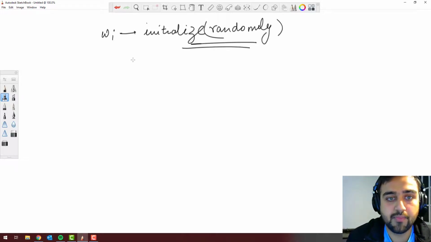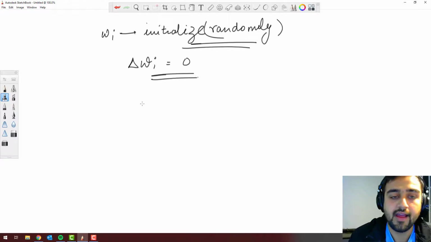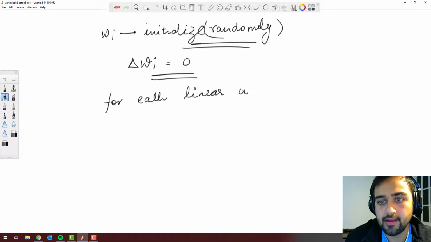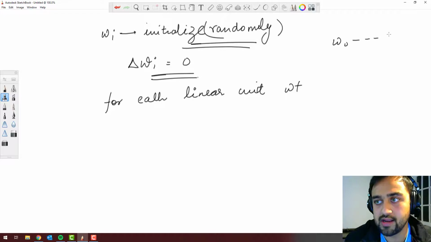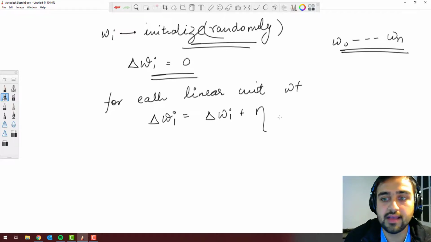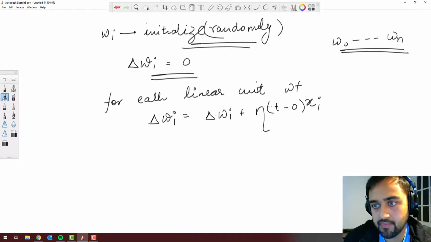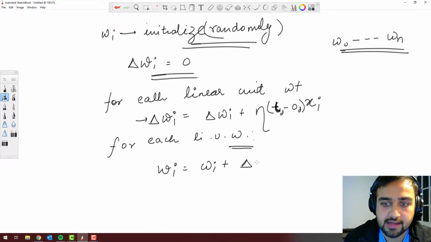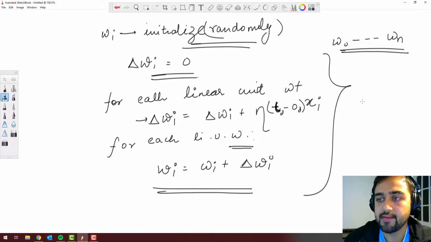After we do that, we put delta Wi as 0 for each training sample, and for each linear unit weight, that is basically from W0 till Wn, we need to calculate our delta Wi as delta Wi plus eta times (T minus O), where T is the target value and O is the output value for that particular data sample. Then after calculating this delta Wi, for each linear unit weight again, we update Wi as Wi plus delta Wi. So this gives us our gradient descent.